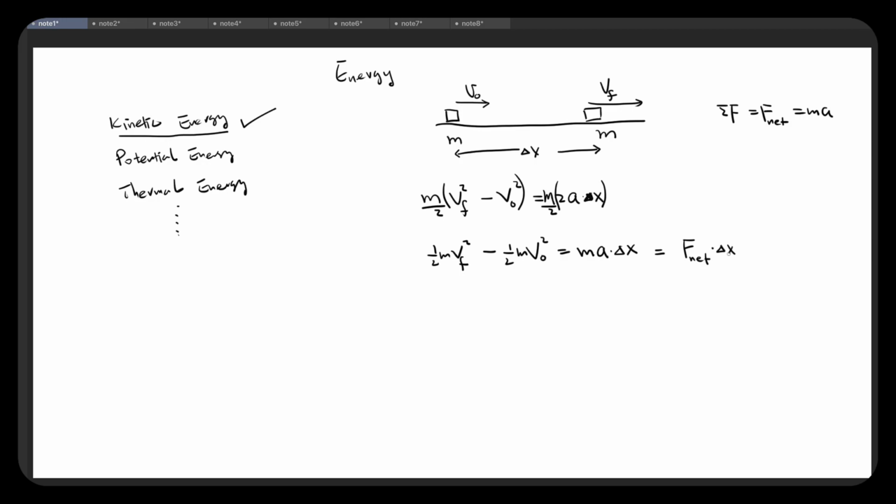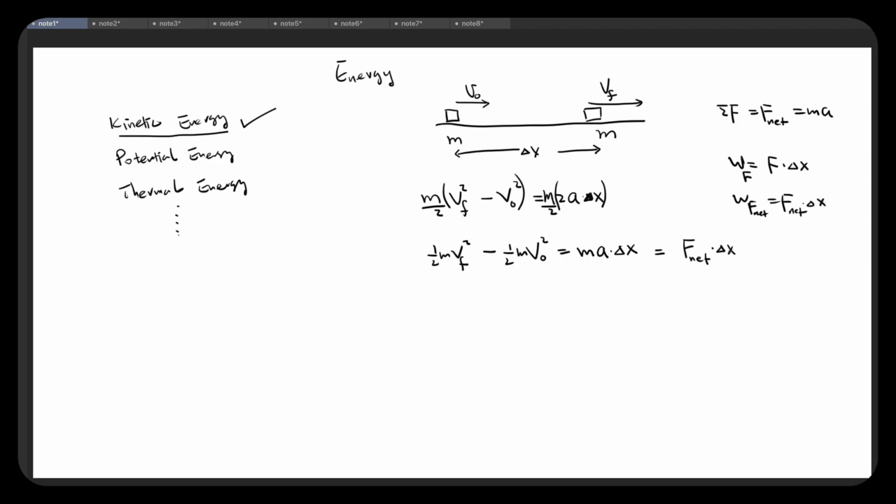times delta x. Okay, and also let's recall the work definition. So work for a force F equals F times delta x. And if I look at the net force, then it equals F net times delta x.